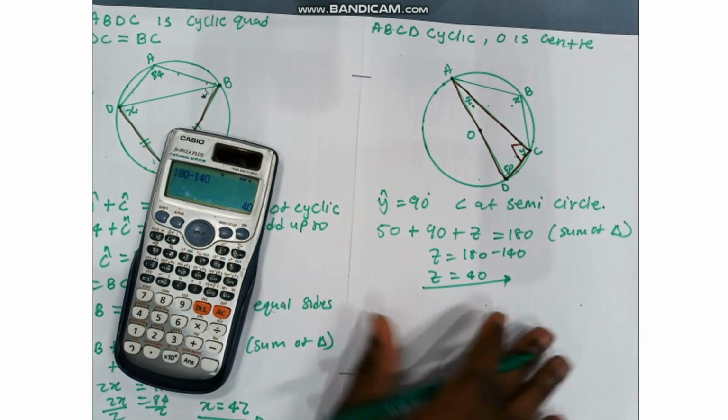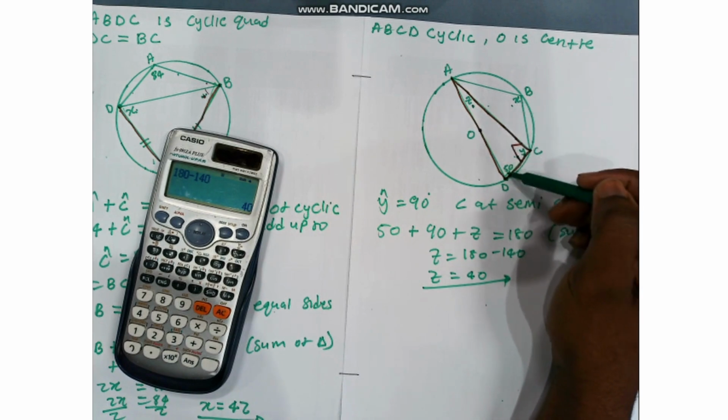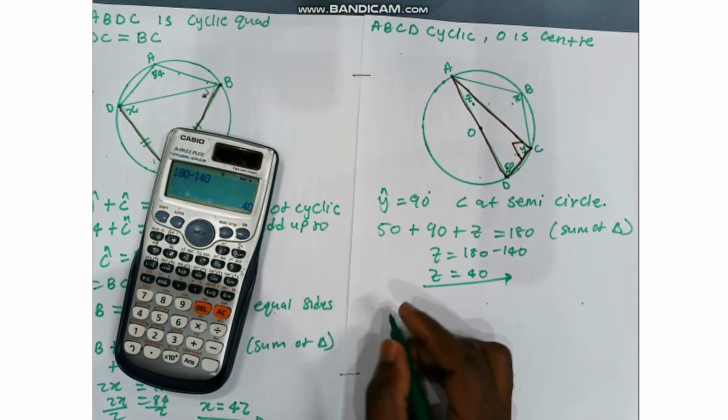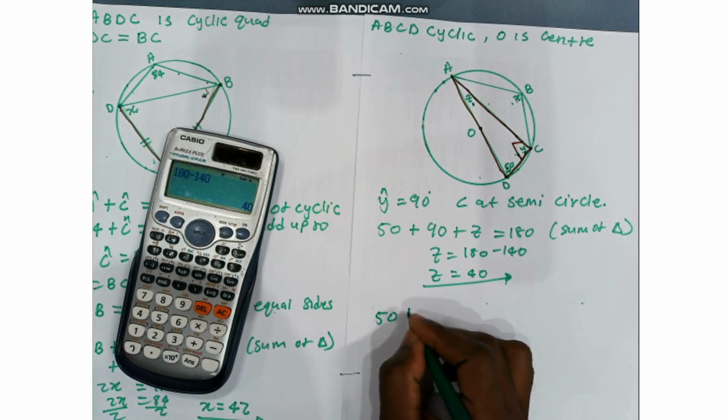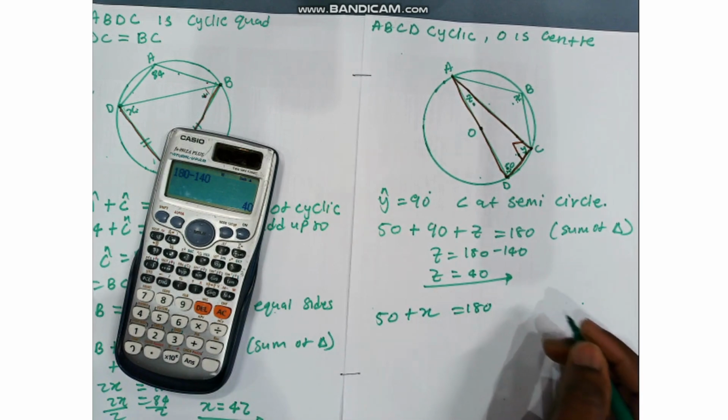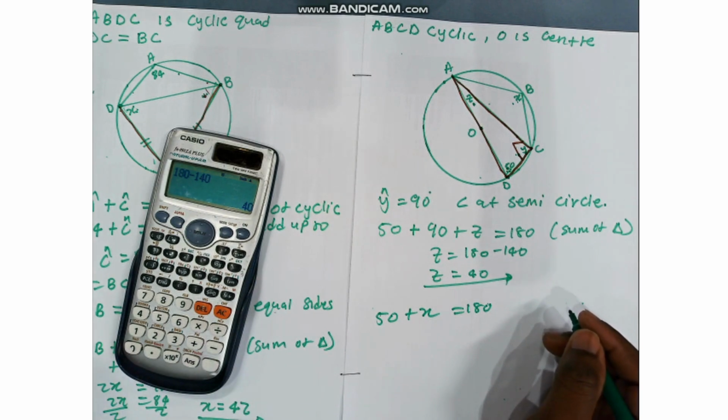Then from there, opposite angles of a cyclic quad, they add up to 180. Now we can say 50 plus x is equal to 180. You see, guys, there are many things that are equal to 180, so you need to be specific. Which one are you talking about that is equal to 180? Because a straight line also is equal to 180. Angles in a triangle add up to 180. Co-interior angles also add up to 180.